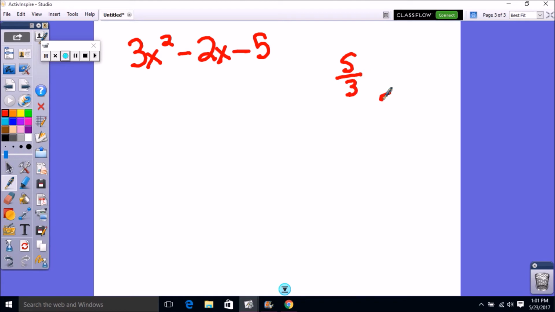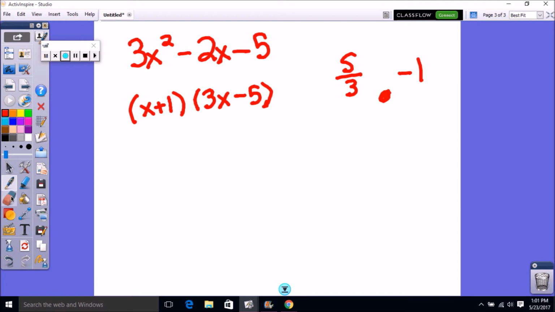That means if I had realized it, I could have written, this actually would have factored. x plus 1, if I set that equal to 0, would give me -1, correct? And 3x minus 5, if I set that equal to 0, would have been 5/3, correct?